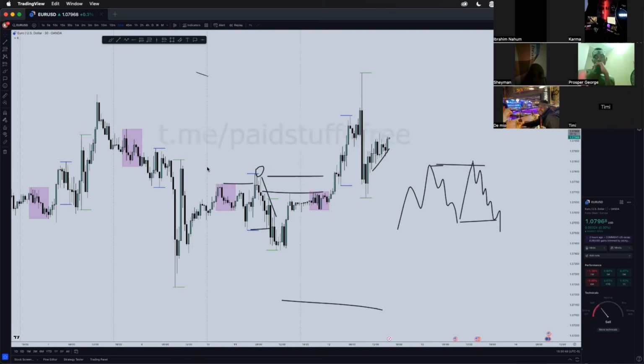What does that mean? I said this guy took out an external liquidity right here. But the rule of a protected high is when an external liquidity gets taken and it breaks structure, it makes this high protected. But it must have a momentum and distance, which means it must have an imbalance, then an expansion. But if it does not have it, you know it is going to get cleared, right?